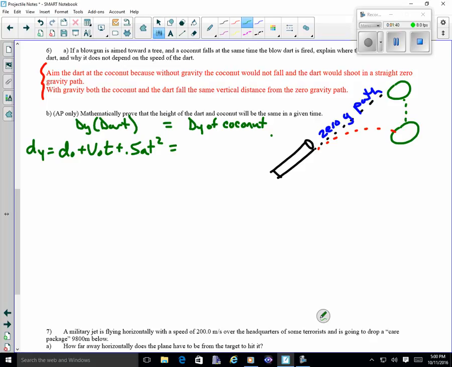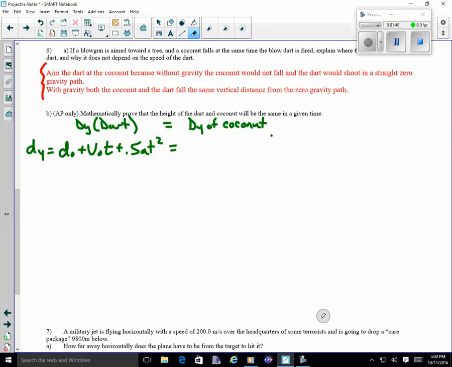I'm going to erase this little chart right there. And so I can say the same thing over here, that dy equals d0 plus v0t plus 1/2 at squared. Since gravity is the same for both, and they both must hit each other at the same time, the a and t over here are the same as the a and t over here. And I forgot to put a square there.